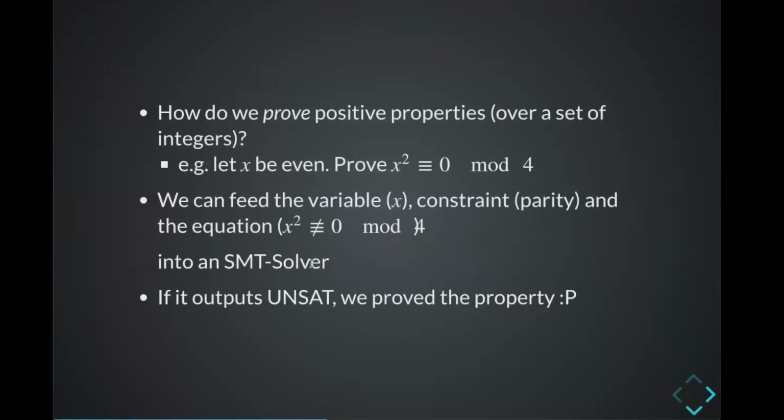If it outputs unsat, it means that the negation of what we want to prove is unsatisfiable. That's just another way of saying that the condition we want to prove is always satisfied. So in that case, we prove the property.